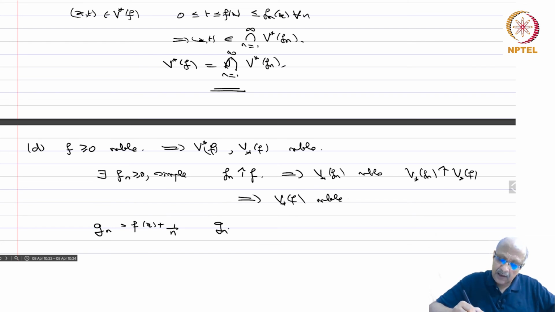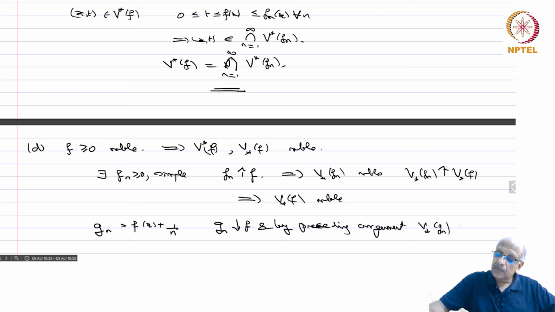Then g_n decreases to f. And we know by the preceding argument, V sub star g_n is measurable.